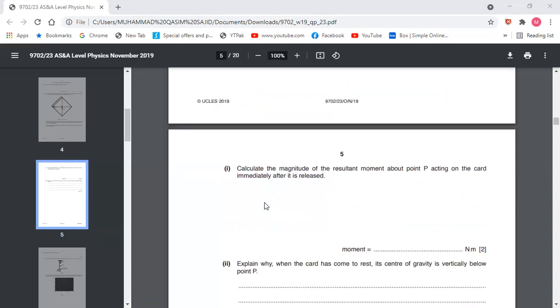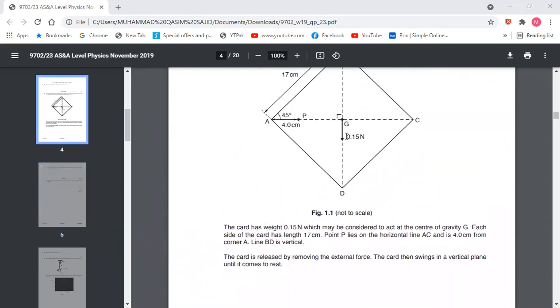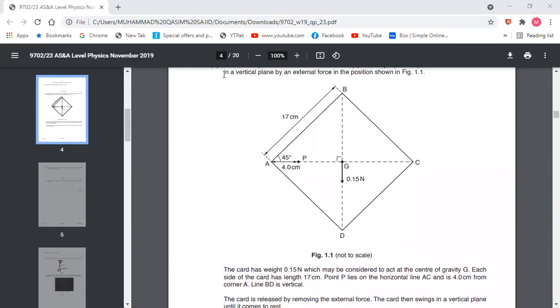So what is basically the point? When there is a distance between the line of action of weight and the pivot point, there is a moment. This is the line of action of weight, and this center point is the pivot point.